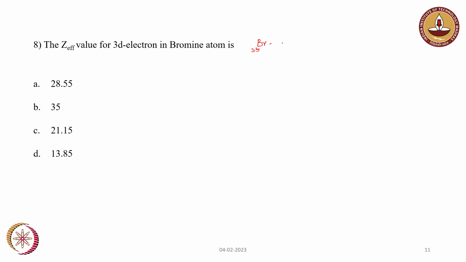So it's 1s2, 2s2, 2p6, 3s2, 3p6, then 3d10, 4s2, 4p5. So we are asked to find Z effective for 3d. So we can neglect whatever electrons are coming after this 3d. So we have to calculate shielding constant till 3d10.